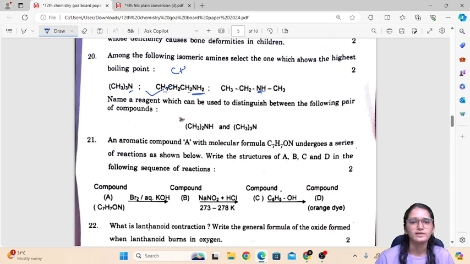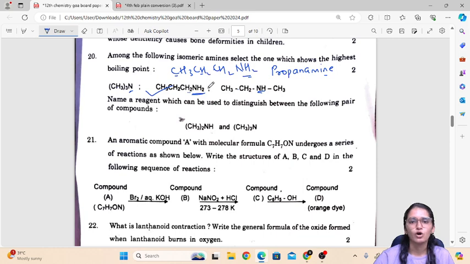So CH3CH2CH2NH2 has the highest boiling point. The name is not asked, but in case it is asked: since there are 3 carbon atoms it is propane, and this is an amine, so the name is propanamine. So this is the answer.